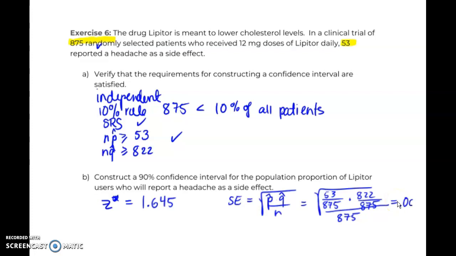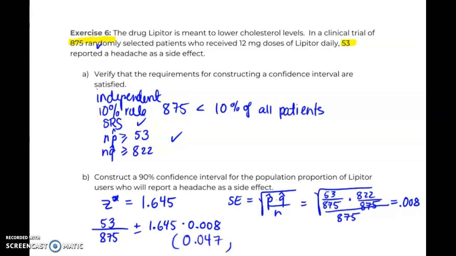Let's calculate that, and that's 0.008. So putting all that together, we get our sample proportion of 53 over 875 plus or minus our critical value times the standard error. When we subtract, 53 over 875 minus 1.645 times 0.008, we end up with a lower value of 0.047.